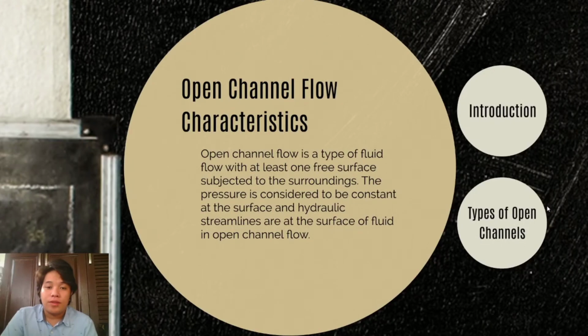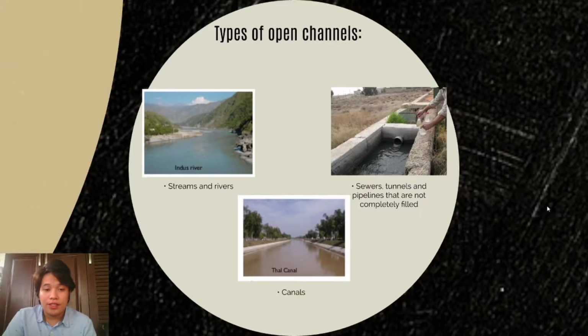There are types of open channels. First are the streams and rivers, the canals, sewers, tunnels, and pipelines that are not completely filled. In the streams and rivers, an example is the Indus River, which is located in Pakistan, and it is said to be one of the largest rivers in Asia.